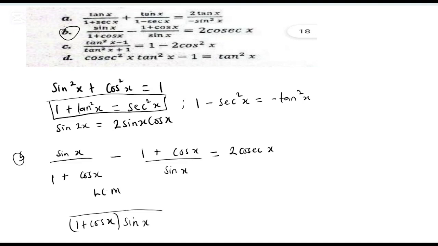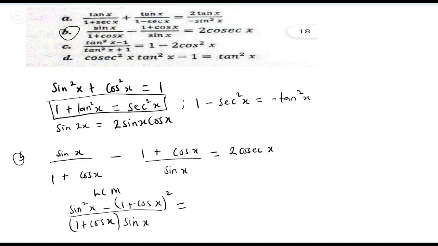So at the top we have sine squared x minus 1 plus cos x squared, because when 1 plus cos x is multiplied by 1 plus cos x here, we have 1 plus cos x all squared, right?